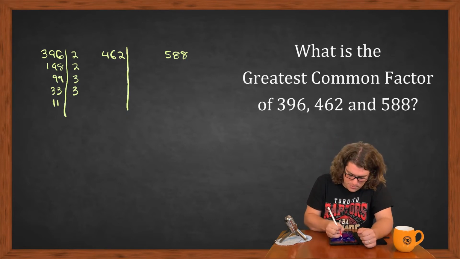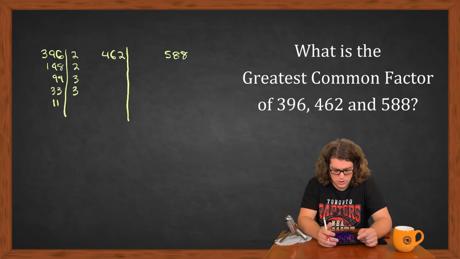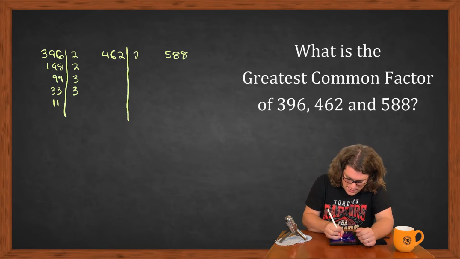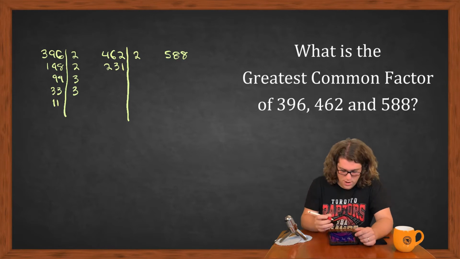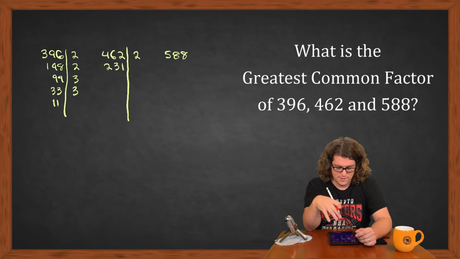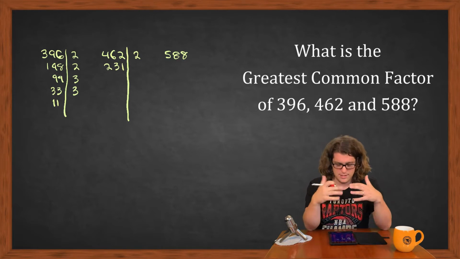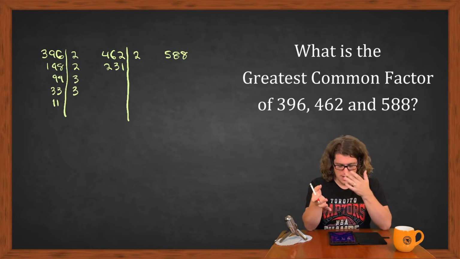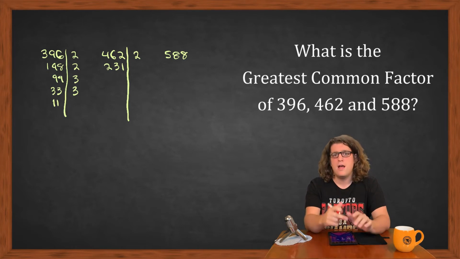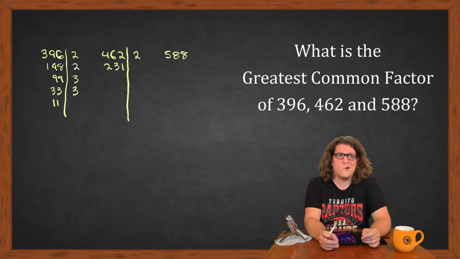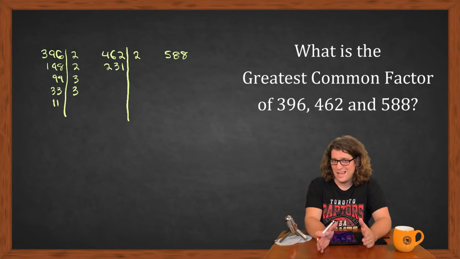All right, next up we have 462. So a 2 does go into that. That's going to give me 231. Now, this one's probably the first one that I've come across where I don't just see something right away, but then I see the 231. Knowing your divisibility rules is really helpful.